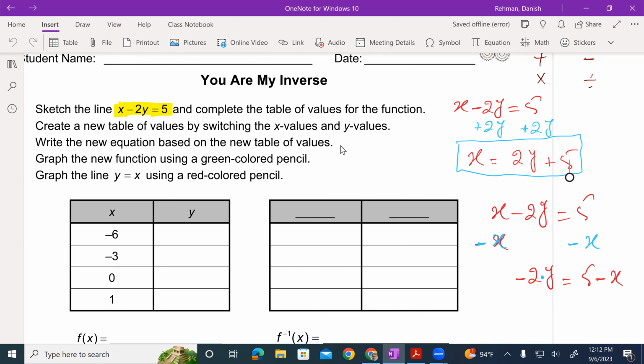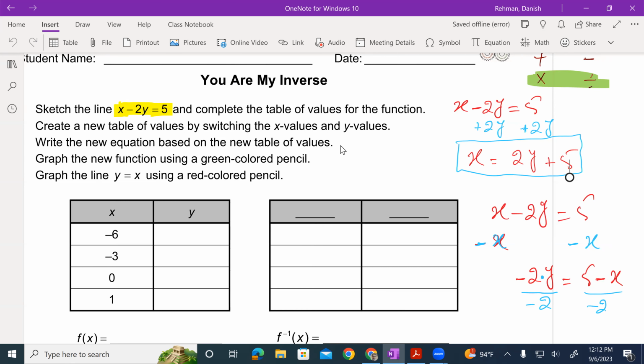Multiplication. And what's the inverse of multiplication? Divide. So what should I do over there? I should divide. Divide by what? Negative 2. So I will divide by negative 2 on both sides, which will give me y alone.